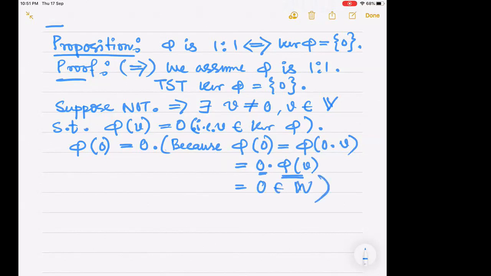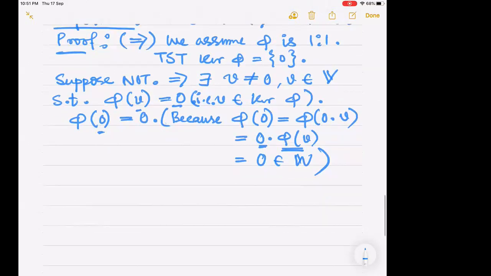So you see 0 gets mapped to 0 and v also gets mapped to 0, and v is not equal to 0, we are saying, which is a contradiction. Why? Because I'm saying it's one-to-one, no? So two distinct things will go to two distinct things. But here I have 0 and v not equal to 0. Two distinct things are getting mapped to the same thing, namely the 0 in W. That's not okay.